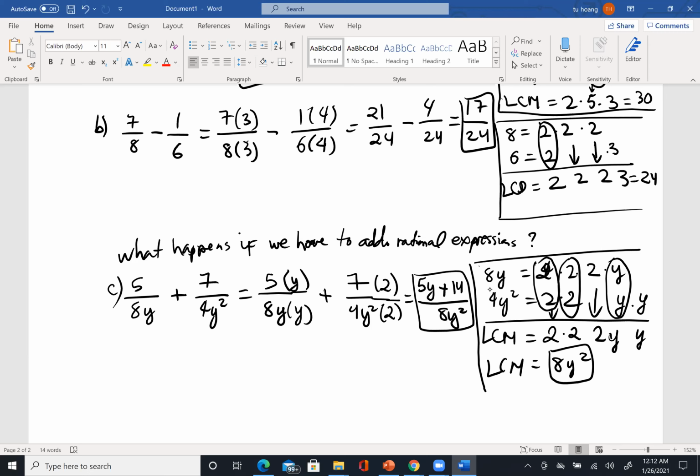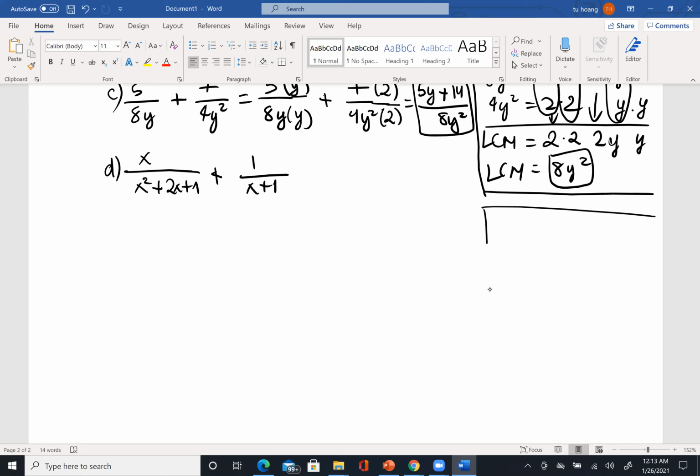Okay, let's do another one. D. If I have x over x squared plus 2x plus 1, and then plus 1 over x plus 1. Let me move it up a little bit.